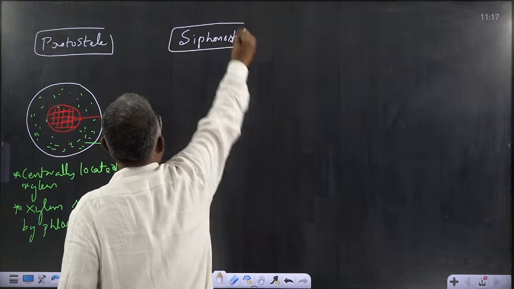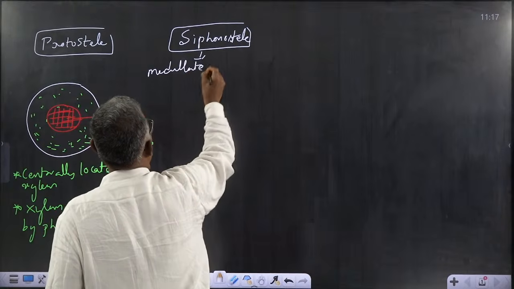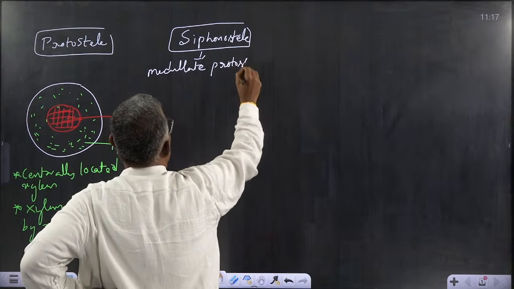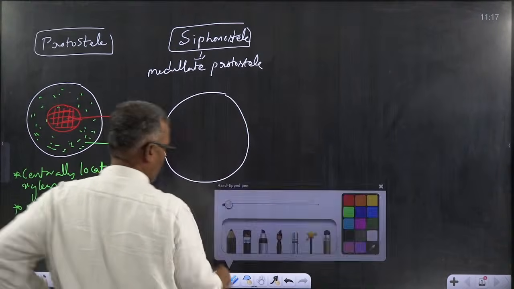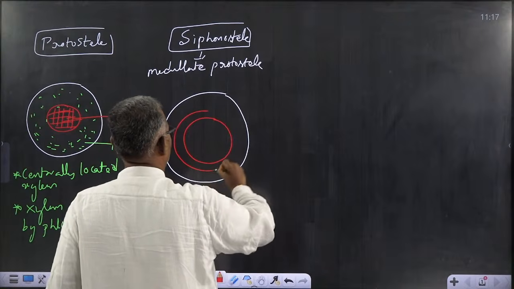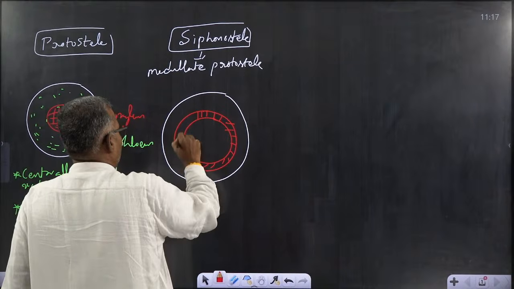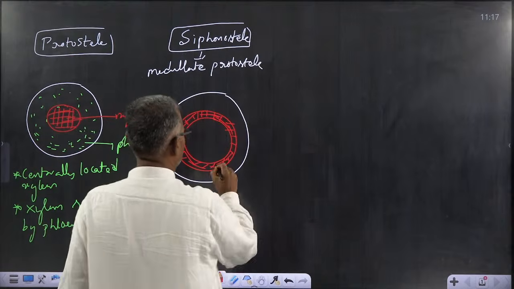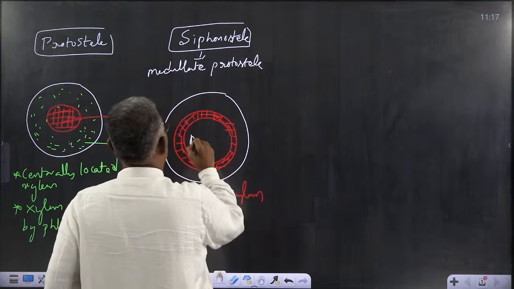I said it is medullated protostele. What is it? Medullated protostele. That means here, if you take, this is the stele, the central part is medulla. Look at here, this is xylem. This is xylem. And the central part is medulla.